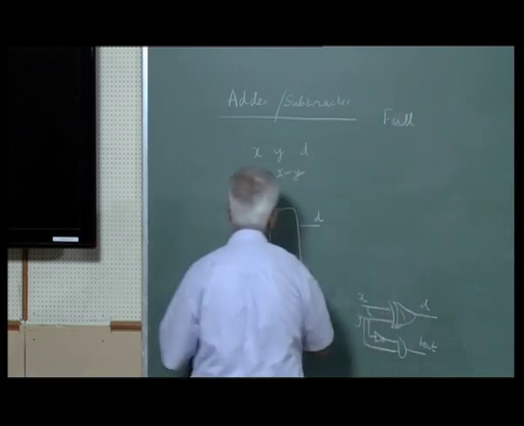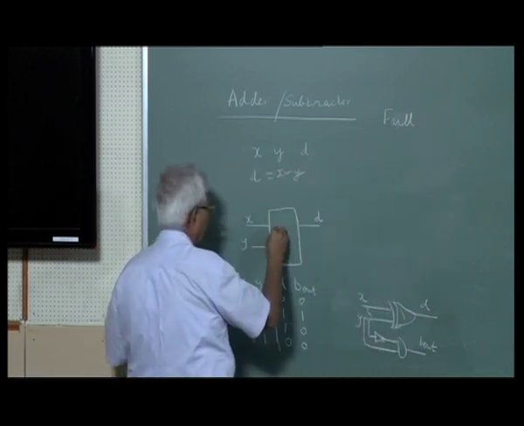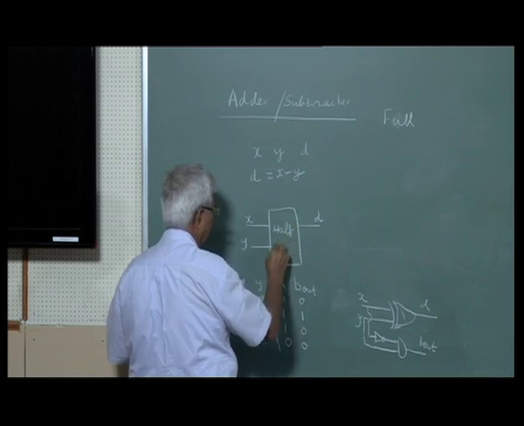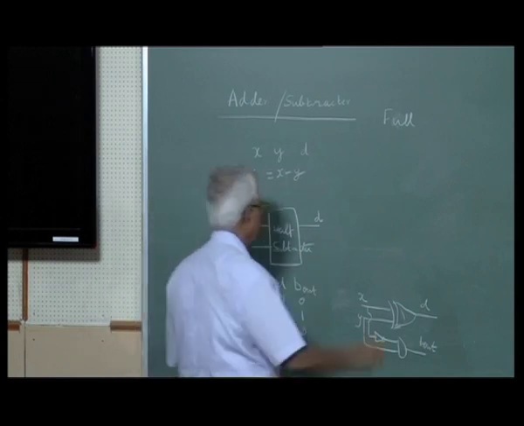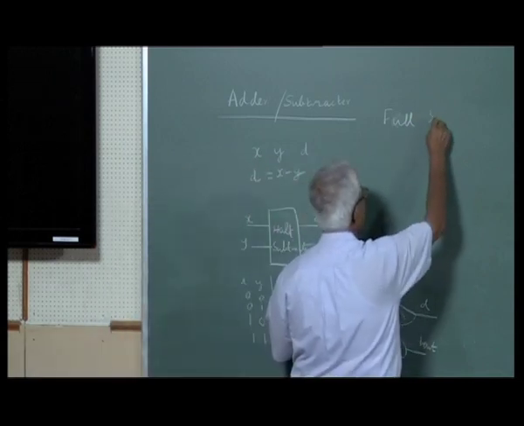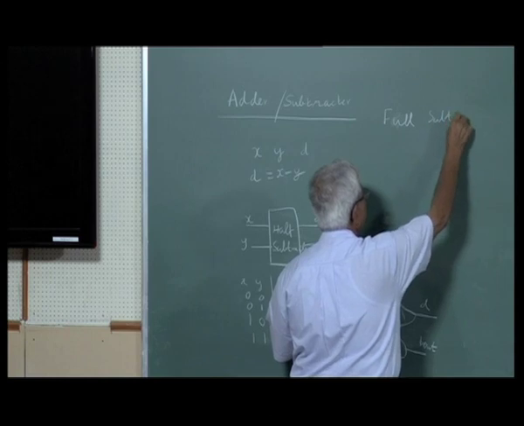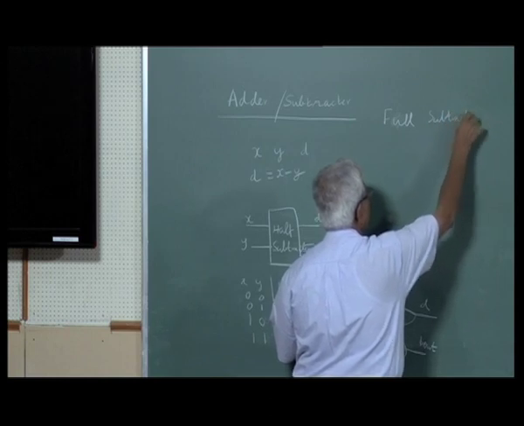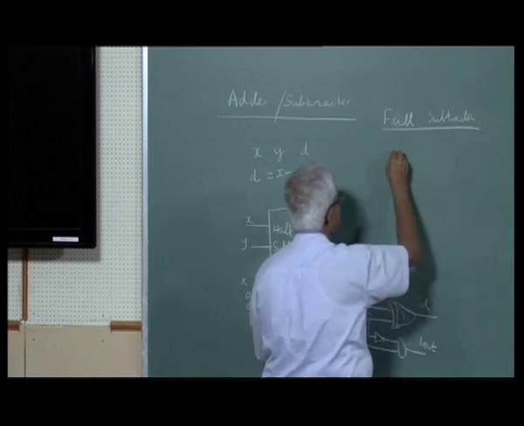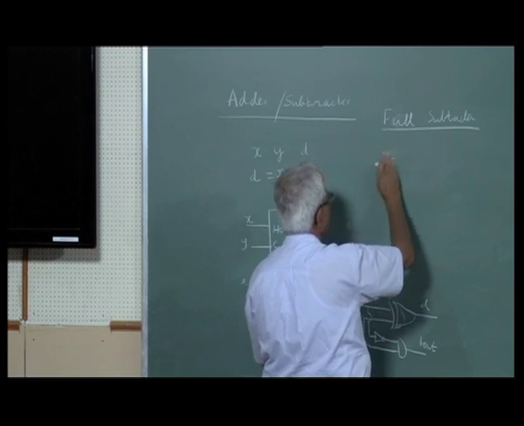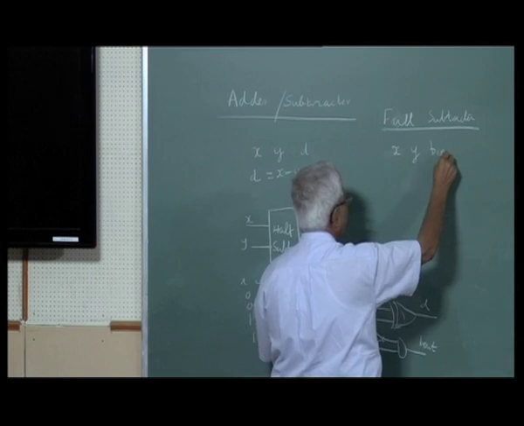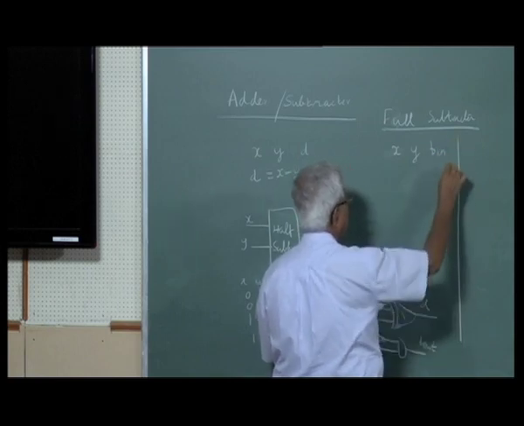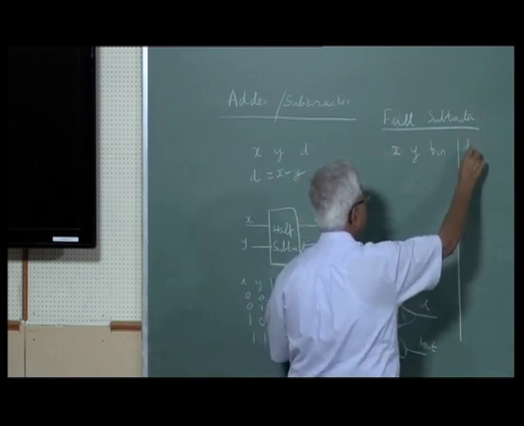So this is half subtractor. X, Y, B in, borrow in, D, borrow out.